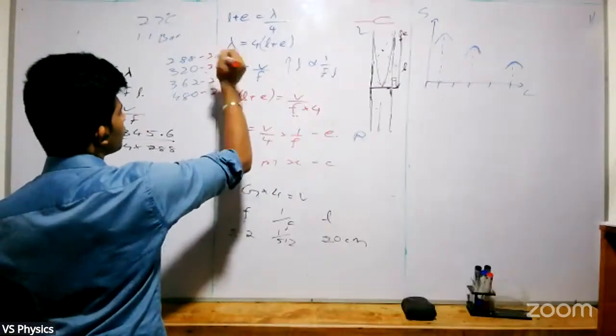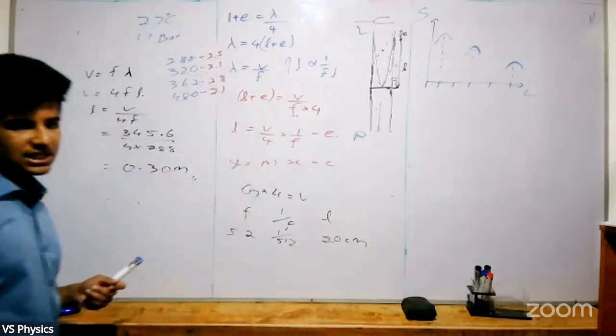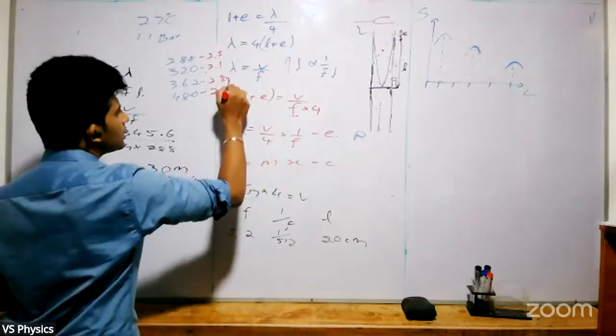Now what is the difference here? Almost 4, let's take it as 3. The difference is 3 here, and the difference here is 7.